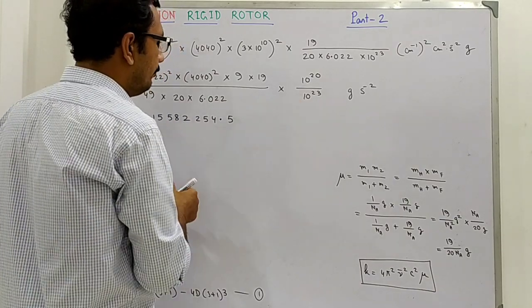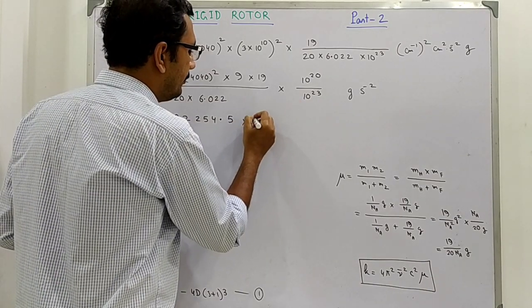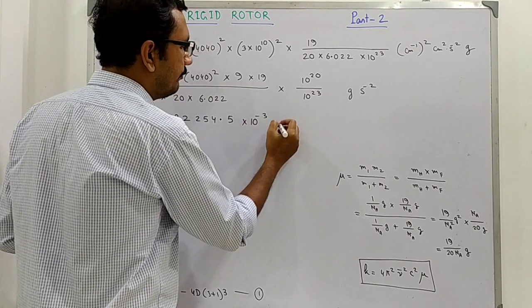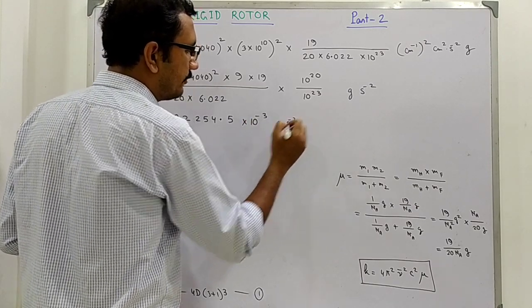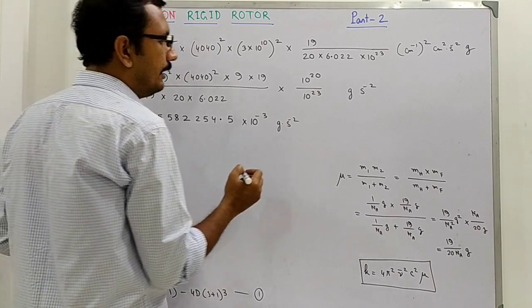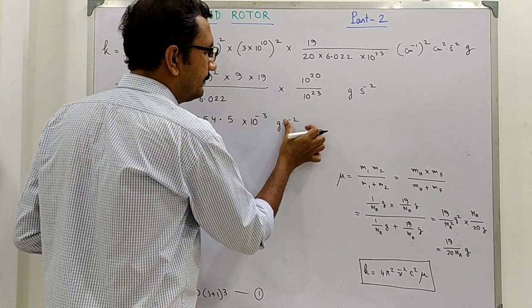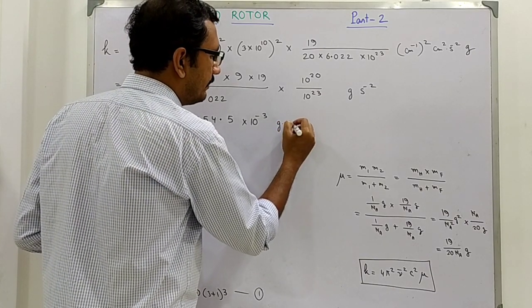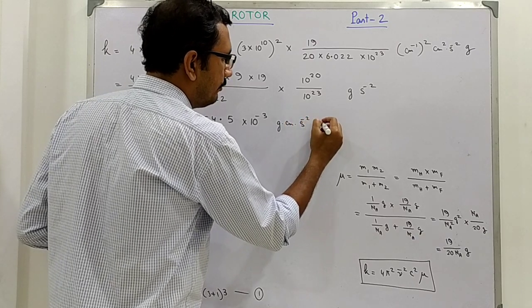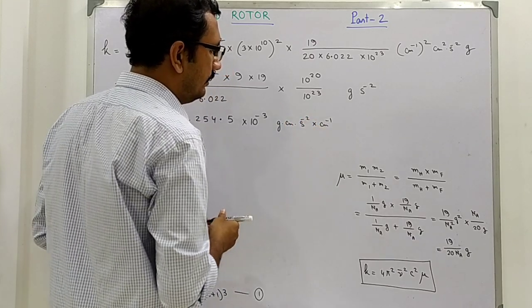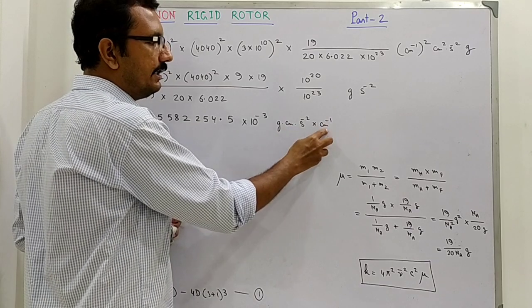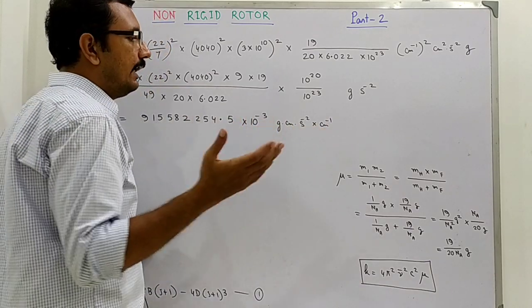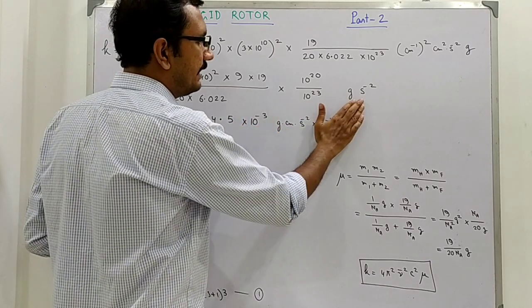Now from this we will have 10 to the power minus 3 and we have the dimension gram per second square. Now I am editing in this format. I am taking it as gram centimeter per second square into centimeter inverse. Now this centimeter and centimeter inverse will nullify and will remain the same as before.